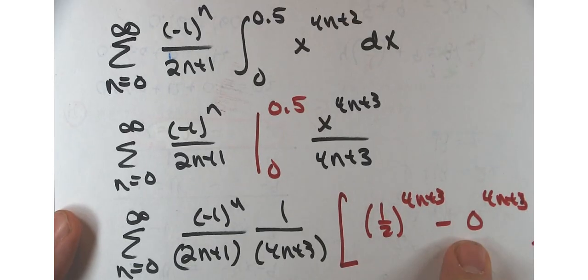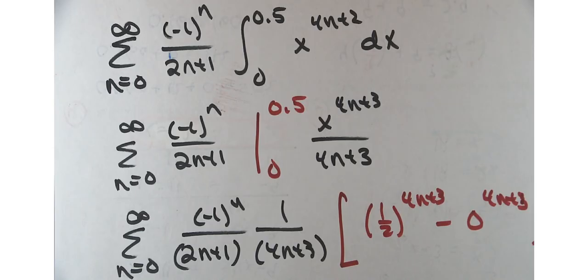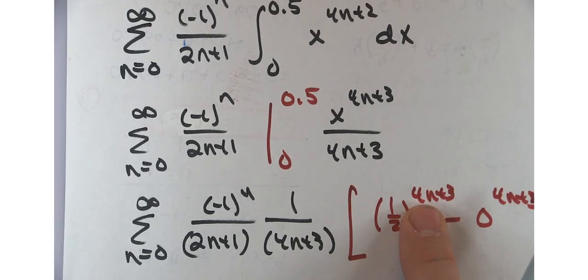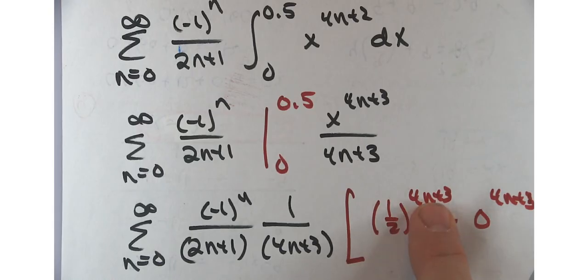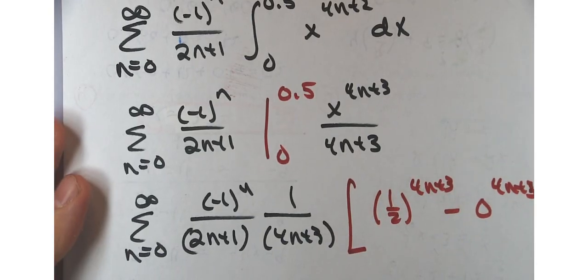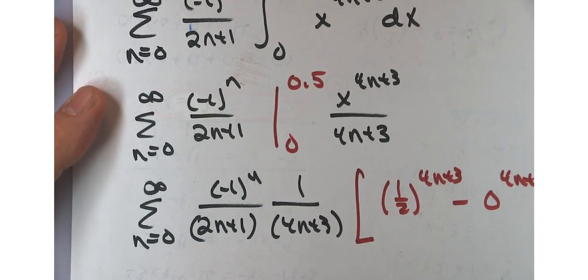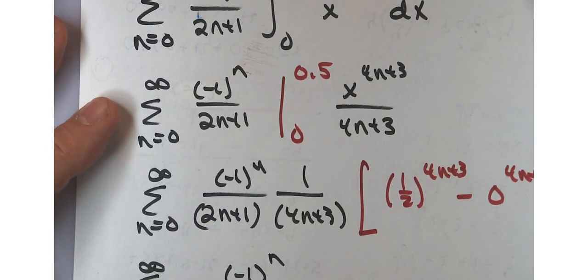And of course that term just disappears. So you're left with 1 over 2 to the 4n plus 3 in the denominator. So let's clean this all up. The sum from n equals 0 to infinity of (-1)^n over (2n plus 1) times (4n plus 3) times 2^(4n+3).